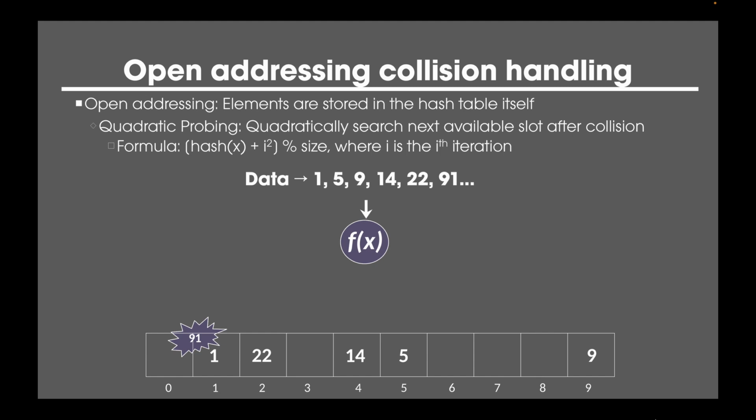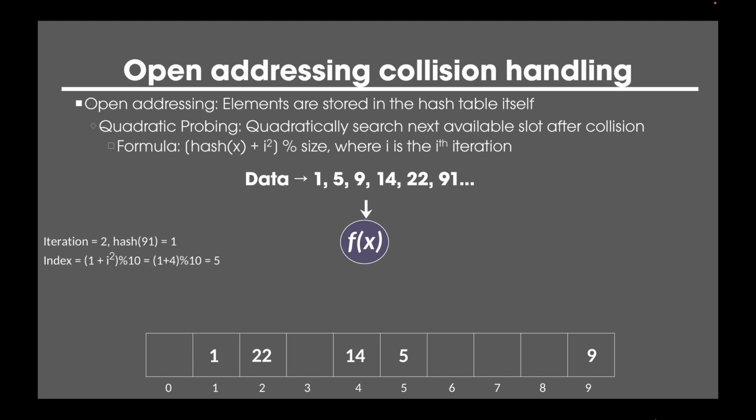After the collision happened, the formula for the first iteration is index equals 1 plus i square modulus 10, where 1 is the hash for the data element 91 for which collision was happened, which evaluates to index 2. Again, this process continues until an empty slot is found.